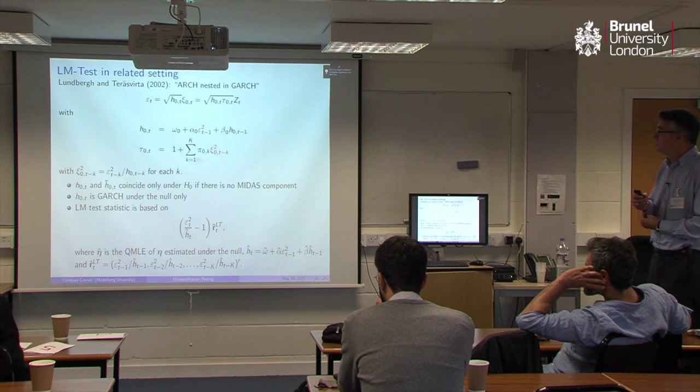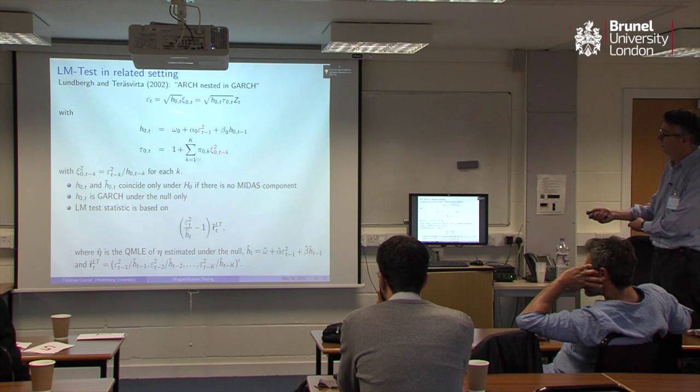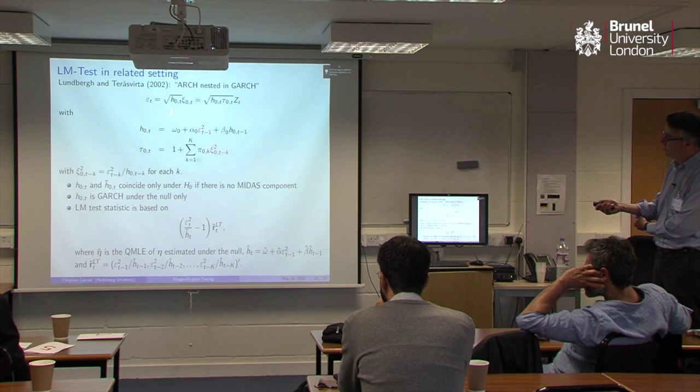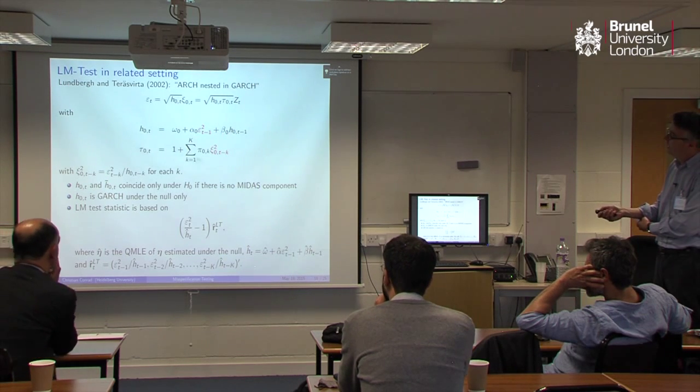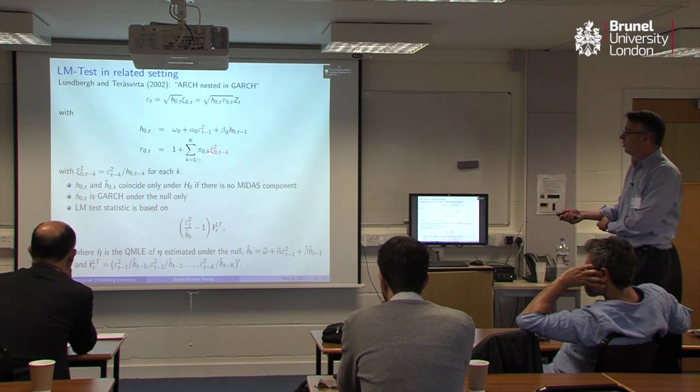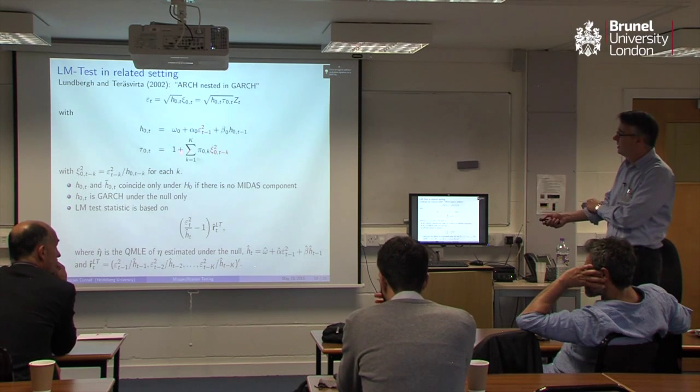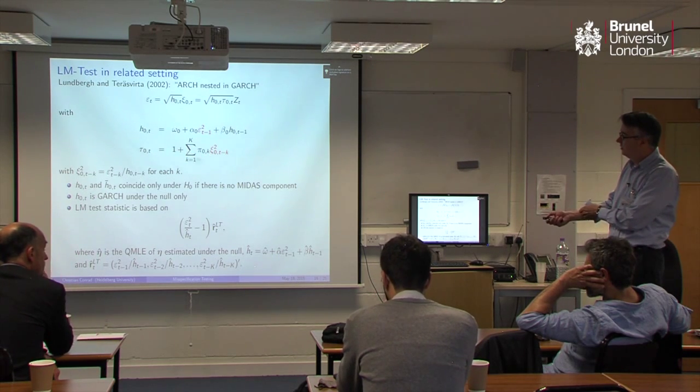And here's the relation to the ARCH nested in GARCH test of Lundbergh and Teräsvirta. So the setup is very similar. The difference is that from the beginning, they assume that h follows a GARCH. So they don't divide by the long-term component. And in their long-term, what we call the long-term component, they have a specific explanatory variable, x, which is this psi squared.